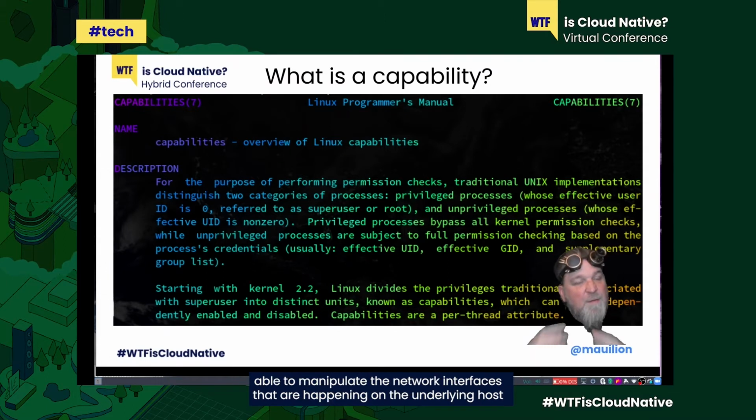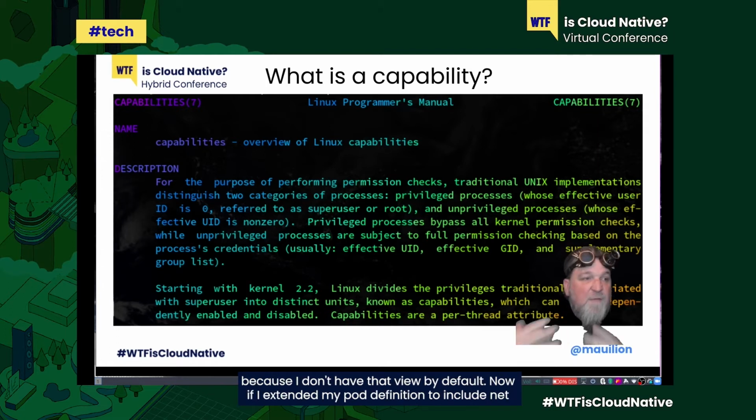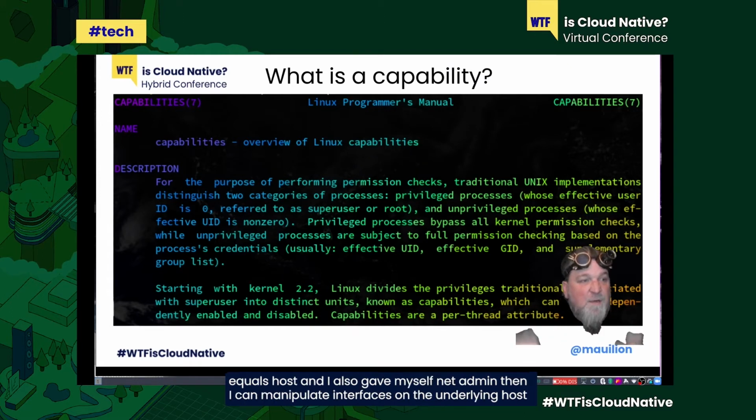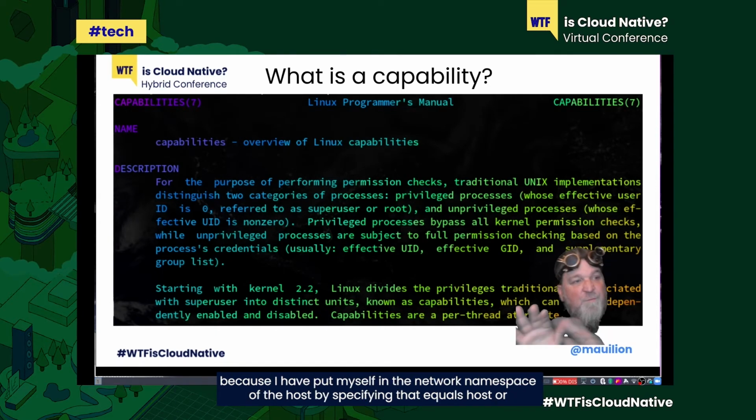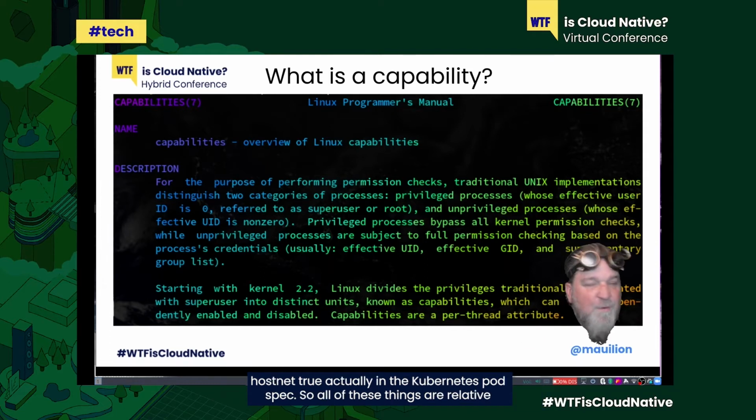I wouldn't be able to manipulate the network interfaces that are happening on the underlying host because I don't have that view by default. Now, if I extended my pod definition to include net equals host, and I also gave myself NET_ADMIN, then I can manipulate interfaces on the underlying host because I have put myself in the network namespace of the host by specifying net equals host, or hostNetwork true actually, in the Kubernetes pod spec.